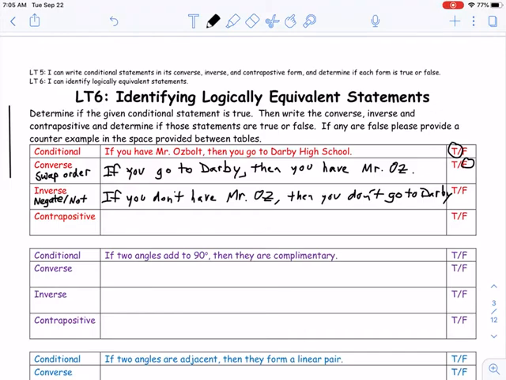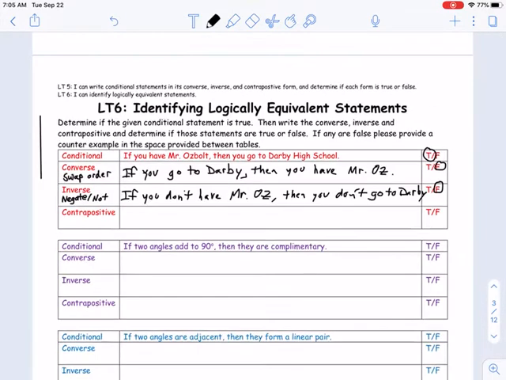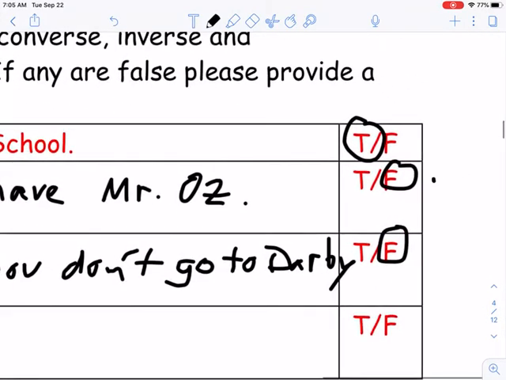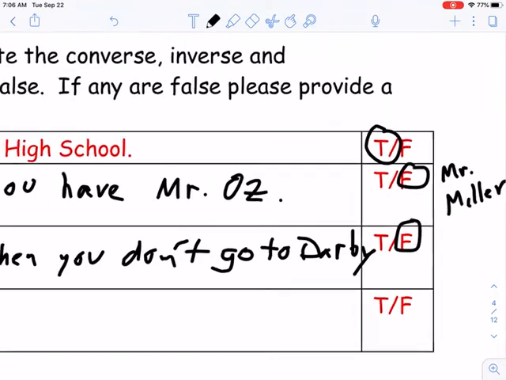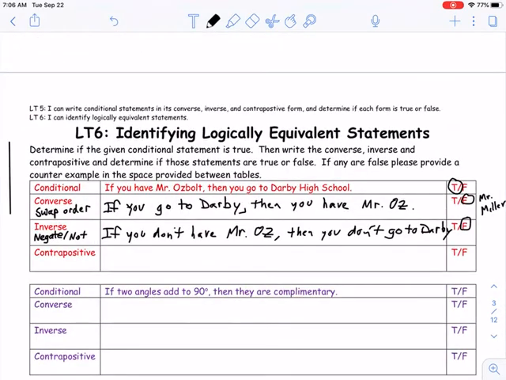Alright, this is also false. We forgot to do a counterexample, but we'll put everyone's favorite math teacher. Maybe you had Mr. Miller. Alright, I know a lot of you guys had Mr. Miller. Or maybe you had Mr. Kistner, Mrs. Maddox, maybe you have some friends that have Mr. Zodi, whatever the case may be.